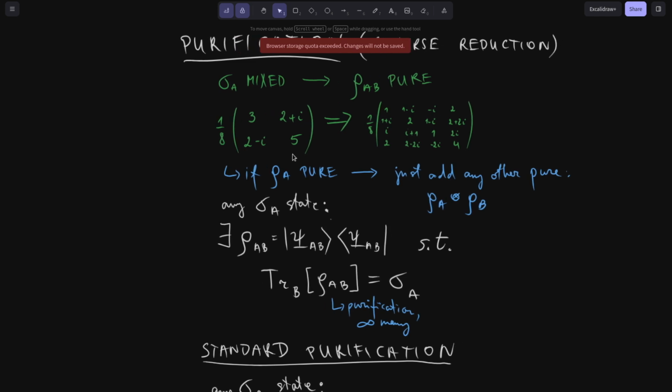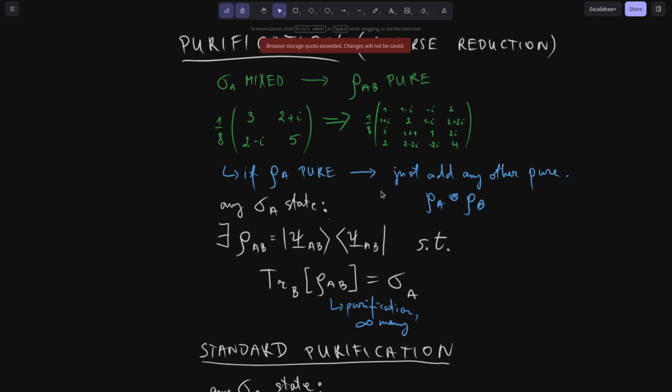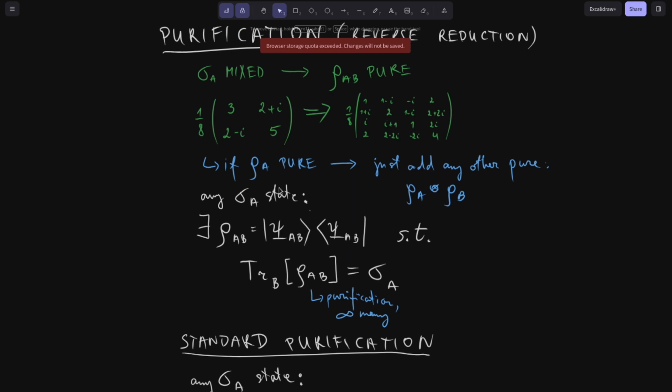And if it wasn't mixed, if it was a pure state, we can just add any other pure state. We make a tensor product, and we have a product state which is again pure. So simple as that. So we're not interested in that. We're more interested in the mixed state. For any state we can do that.